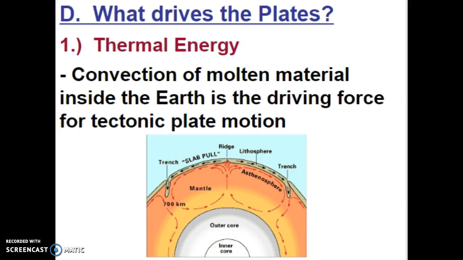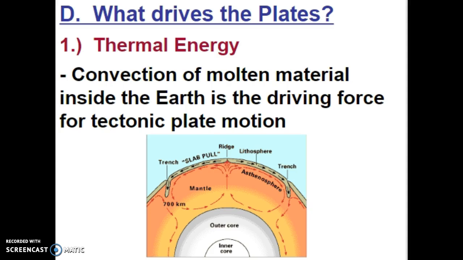So if continental drift morphs into seafloor spreading, which morphs into plate tectonics, how do these entire lithospheric plates, chunks of Earth's crust, move around? Well, thermal energy is what drives the plates.